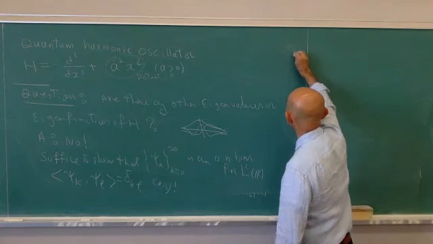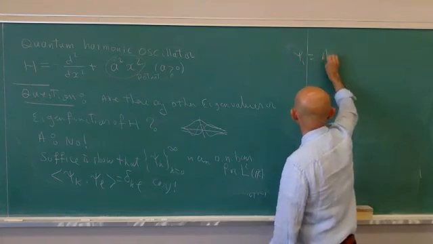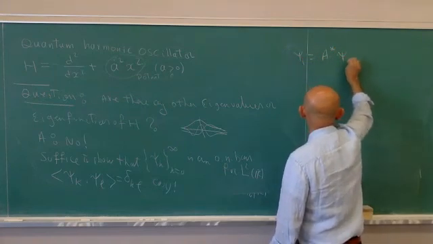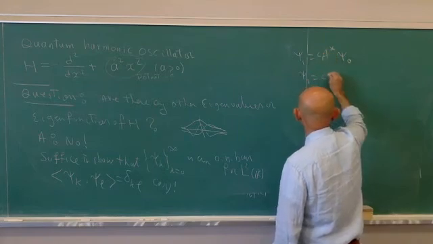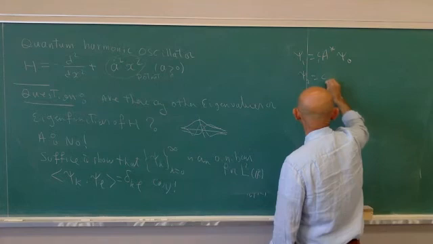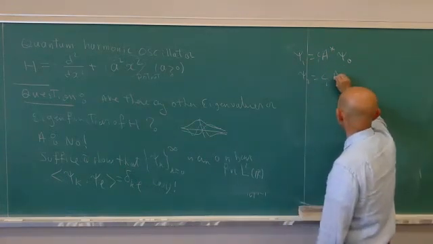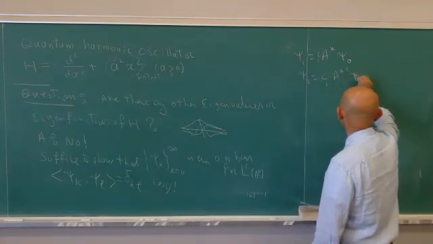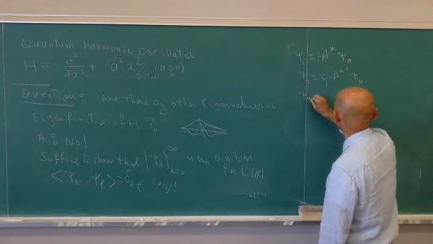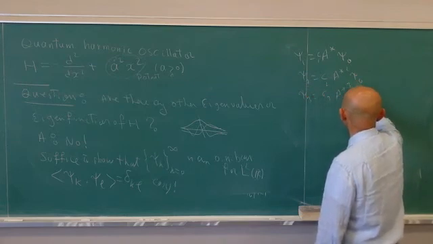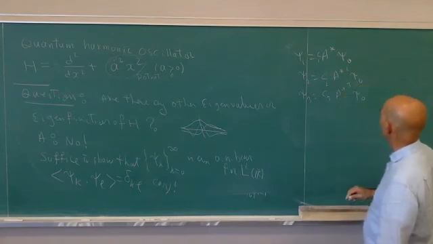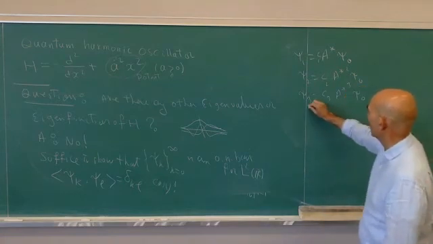For example, psi 1 was a star, psi 0 times some constant, psi 2 was another constant, C2, a star squared, psi 0, psi 3 is another constant, a star cubed, psi 0, and so on.